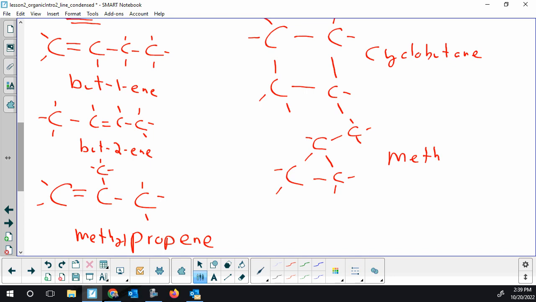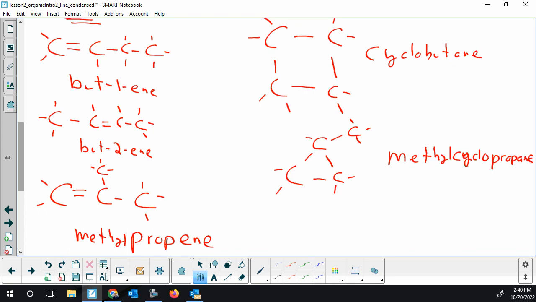Let's see if I can fit this in. Methylcyclopropane. Just made it. No, I didn't put a number in front of the methyl. On rings, there's no beginning or end.